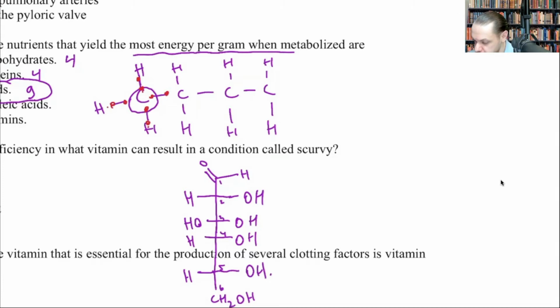So this one will have 1, 2, 3, 4, 5, 6, 7. So its oxidation state would be 7. This carbon, 1, 2, 3, 4, 5, 6, right? So all these hydrocarbons, all these carbons, 6, 7, 6, right?